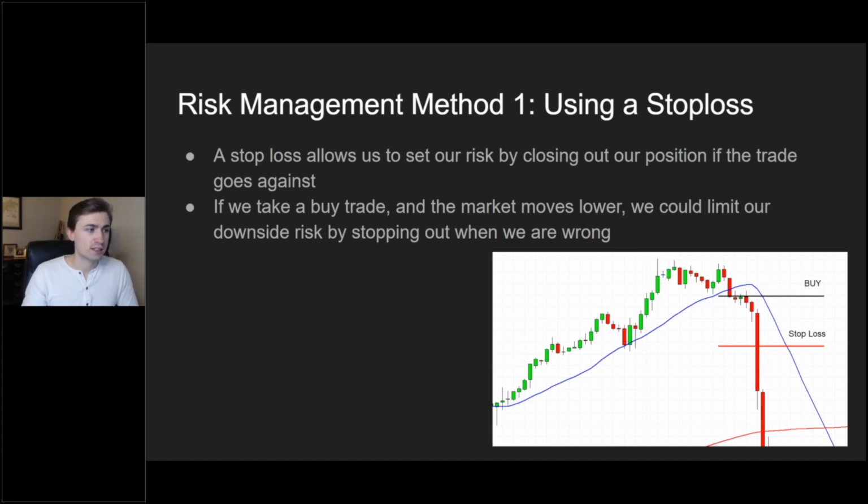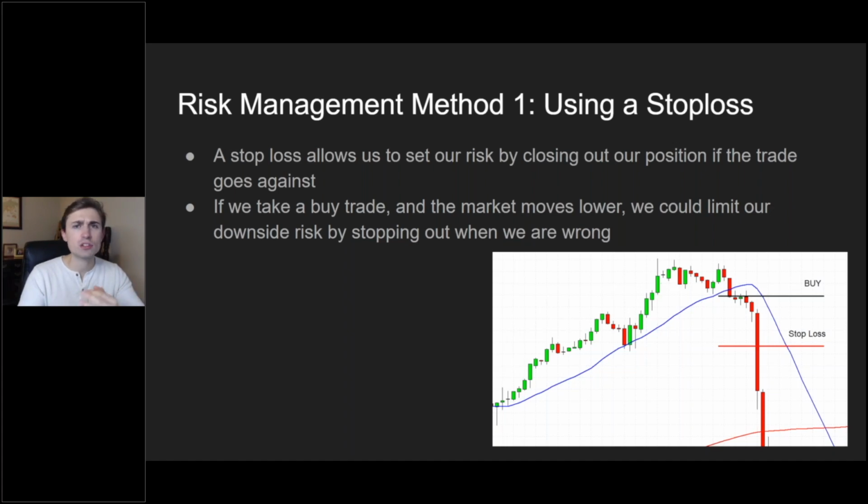A stop loss in this case allows us to get out of that trade and hopefully do so without taking tremendous amounts of damage to the account, right? So we take a buy trade and the market decides to reverse and trend lower. We could limit our downside risk by stopping out when we admit that we are wrong on the trade.